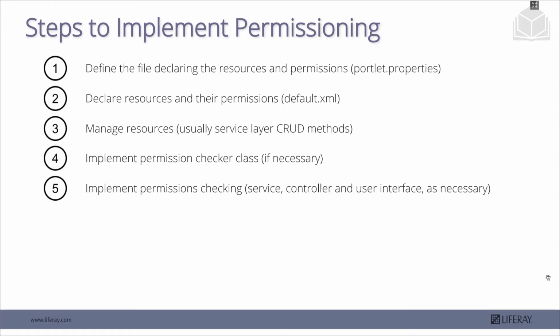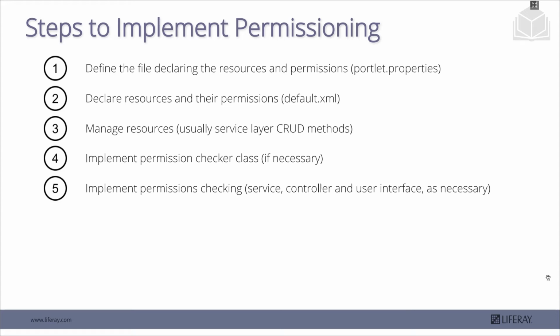Next thing is, within that permissioning file called default.xml is where we define what our permissions are, what our resources are. So what actions can we perform on a resource? We then will go through and add any sort of management of those resources, the abstract generic object.